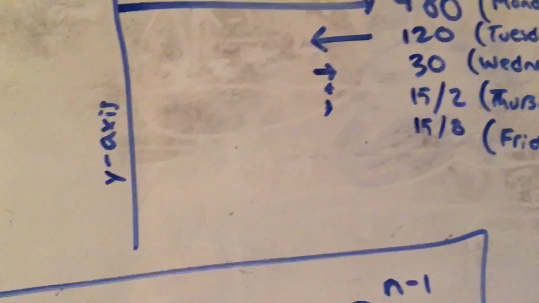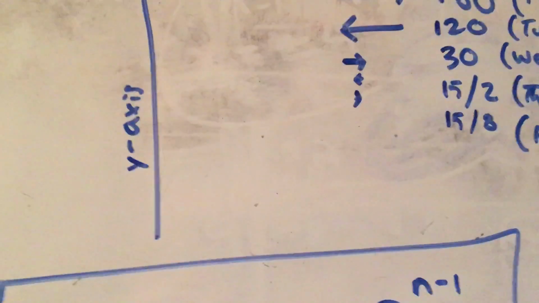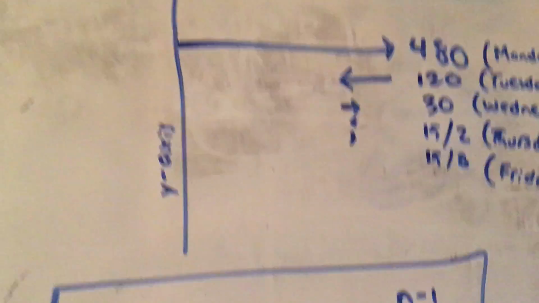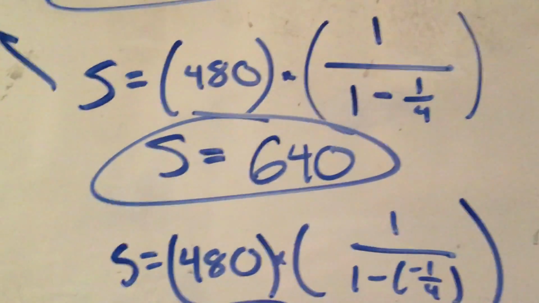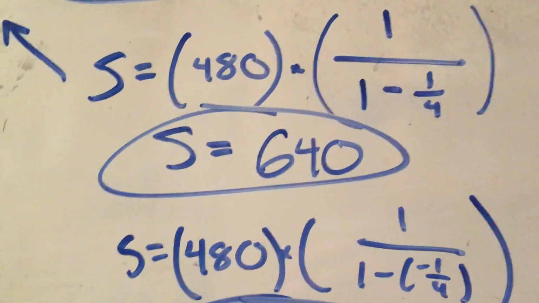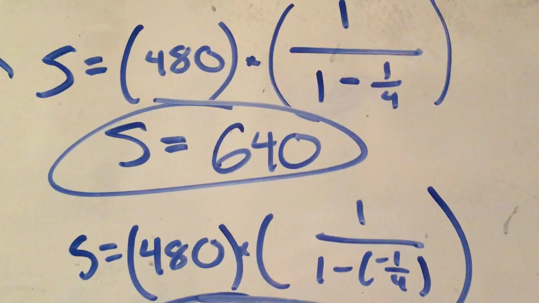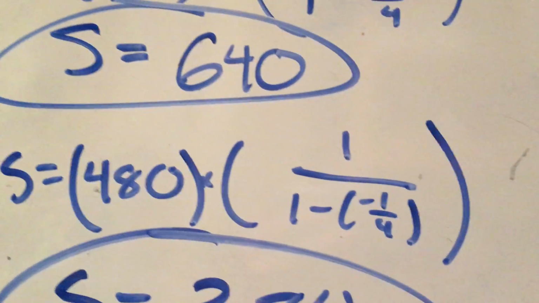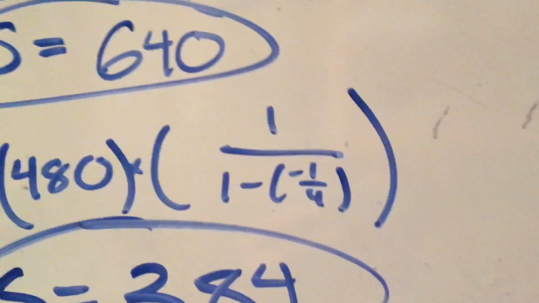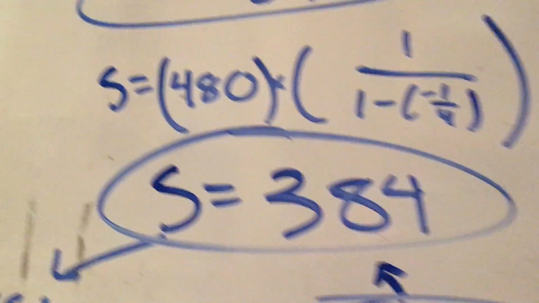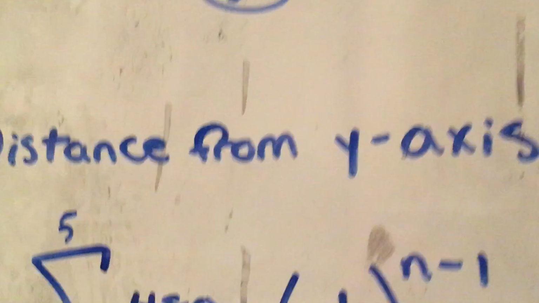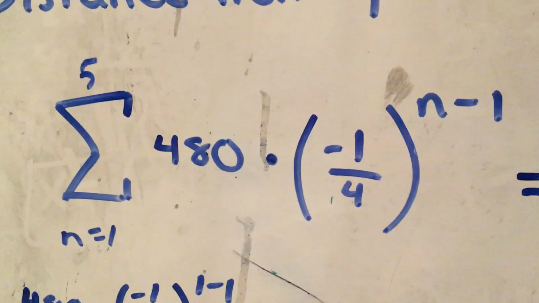So if the bug travels along this path here, as explained in the problem, forever and ever, eventually it will have traveled a grand total of 640 units. Now, if we want to find, after it travels on and on forever, the distance it sits from the y-axis, we just have to use our other sigma notation, where our starting value is 480 and our rate is -1/4.